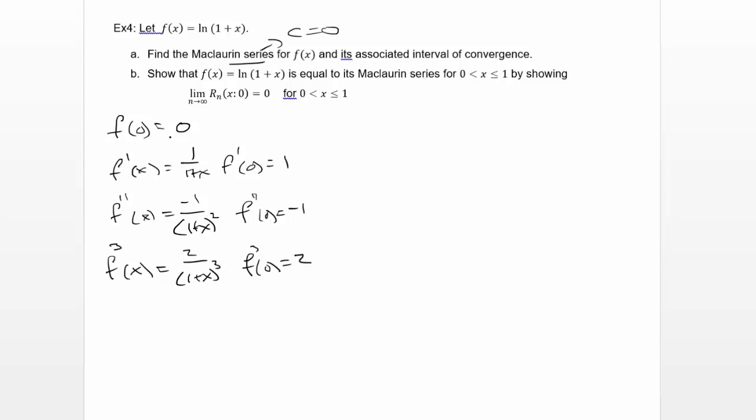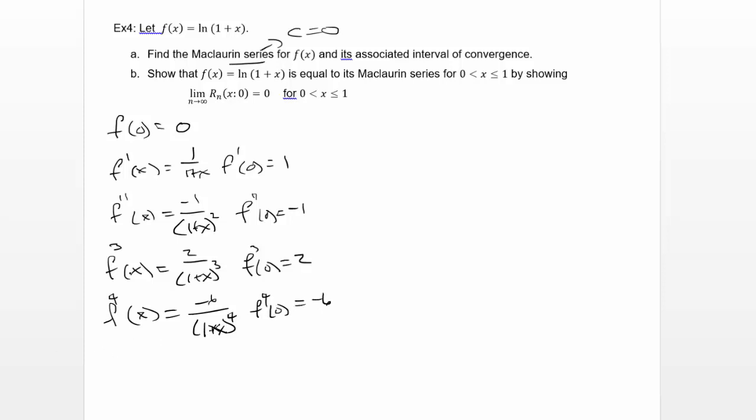It's not quite clear what the pattern of these derivatives is, so I'll find a couple more. The fourth derivative should be 2 times minus 3, or minus 6, over the next power of 1 plus x. So that means the fourth derivative at the center is negative 6 over 1, which is negative 6.